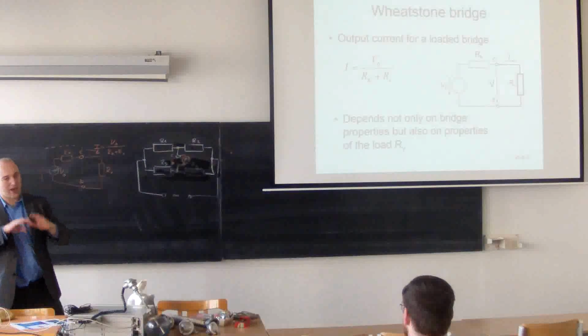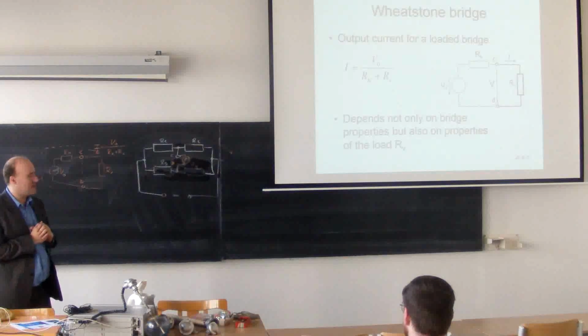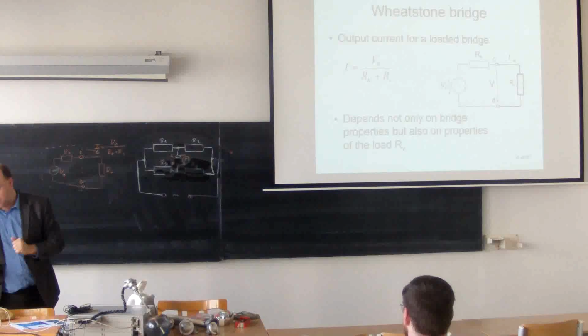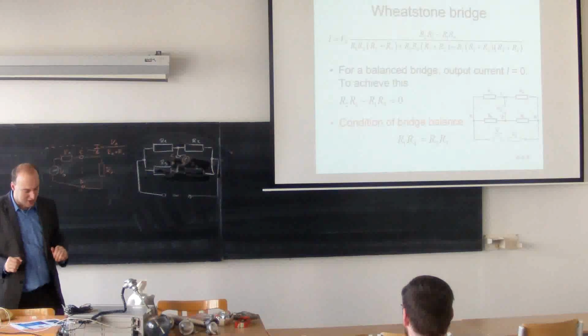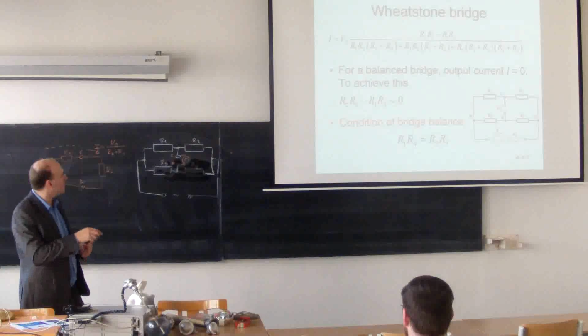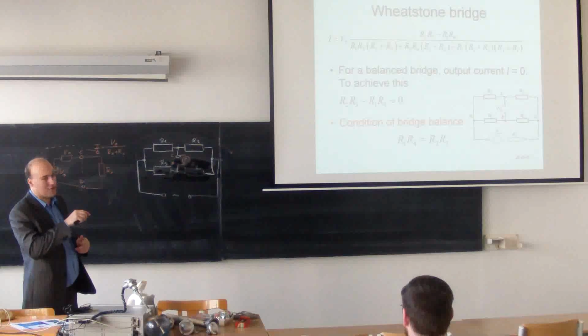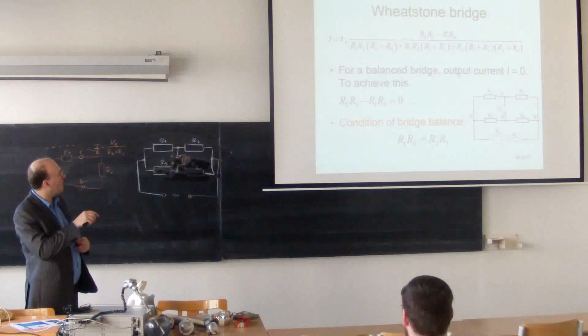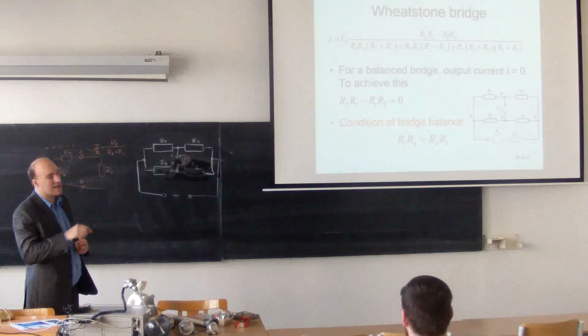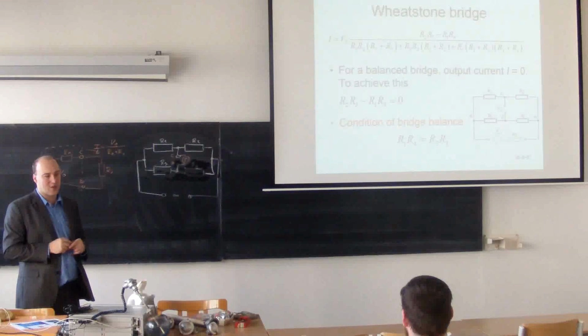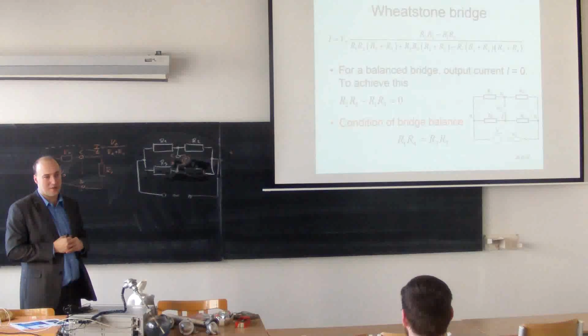And if you really analyze this, you will get some huge equation. I just showed you the equation. You don't need to remember it, just take a look at its properties. So this is the result. The current from the bridge depends on the power supply voltage and on all this complicated equation. So the output will be quite nonlinear.